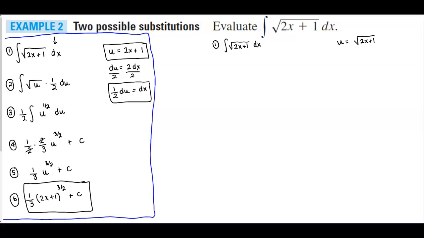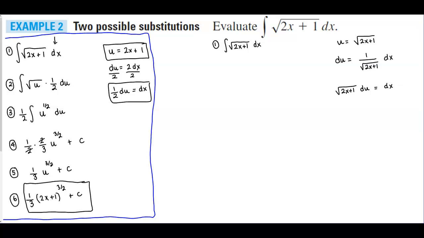Okay, so that means when we want to find the derivative of each side, that's going to be 1 over the square root of 2x plus 1 dx. Okay, and if we want to solve for dx, then we're going to get the square root of 2x plus 1 times du, which is equal to dx, because we want to make sure that we're solving for dx.